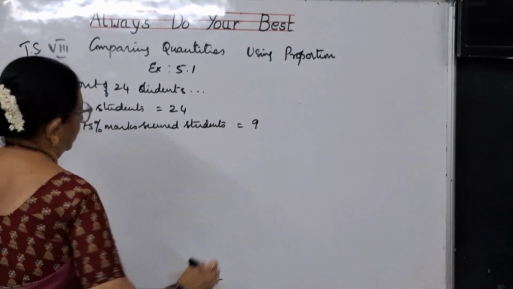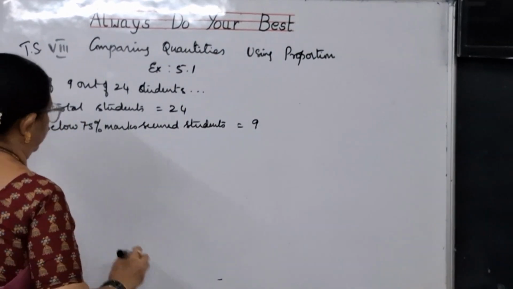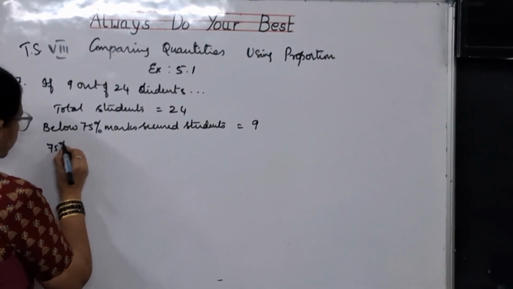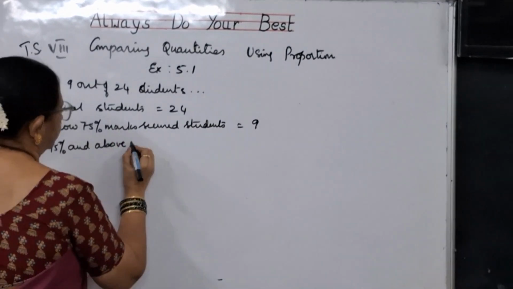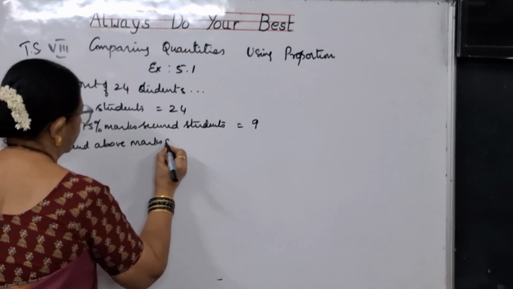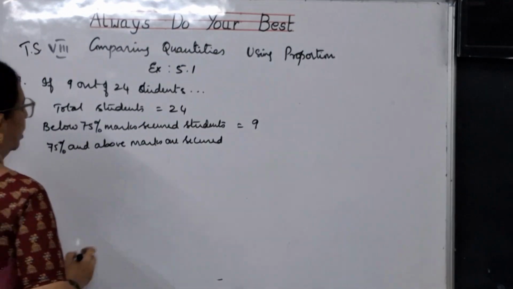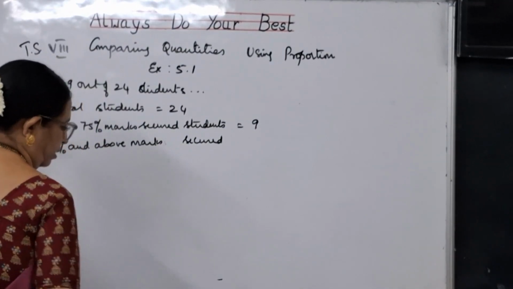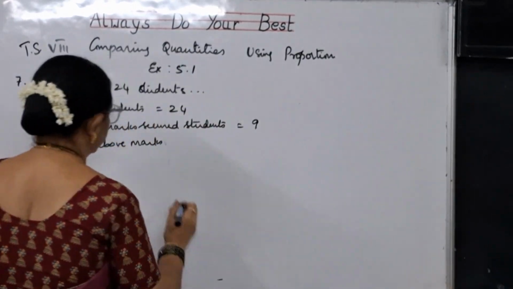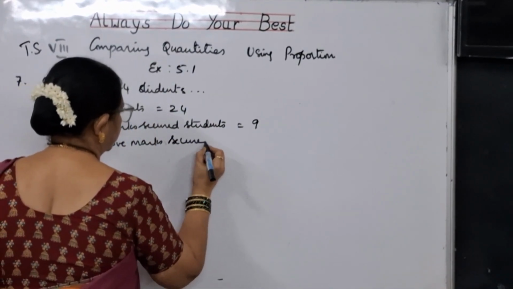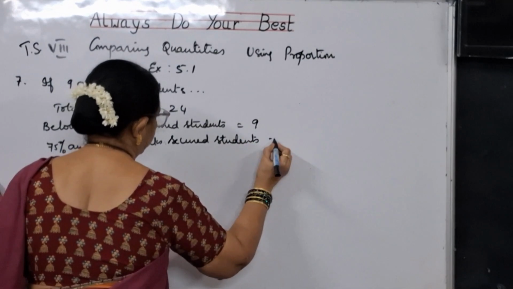They have given 9. 9 out of 24 secured below 75 marks, they said. So the students who secured 75% and above marks will be equal to 6, children.